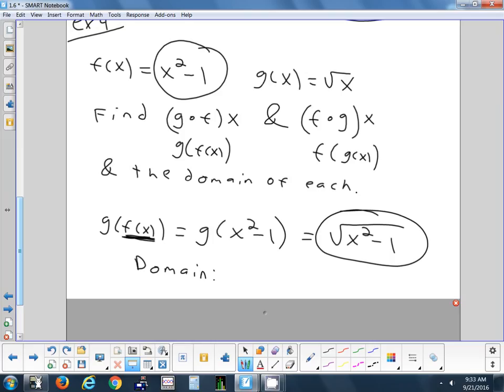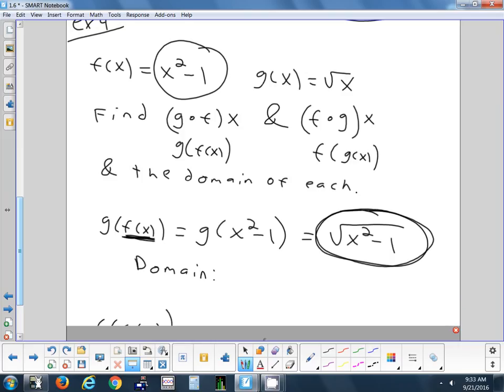All right, next step. Look at the final answer. Are there things we might have to be careful about here? Yeah, you cannot take the square root of a negative. So in other words, I want what's under the root to not be negative.